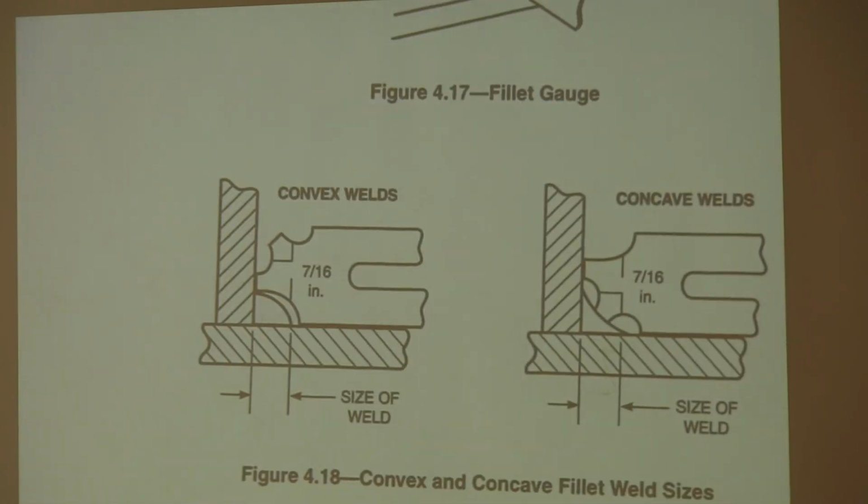Basically, it's a little tool that's got a notch cut out of it of a certain size. So this is a 7/8 notch. If your weld's supposed to be a 7/8 dimension, you just run this along your weld, and if it touches that, or if it doesn't touch that, then you know it's the right size or not.